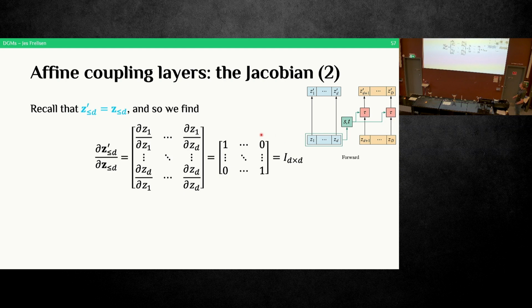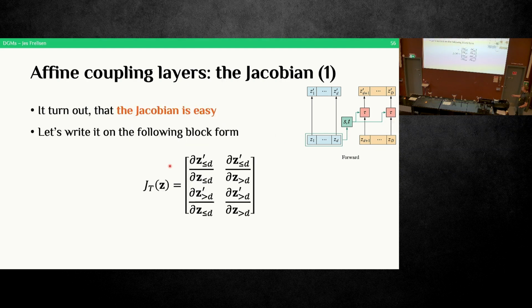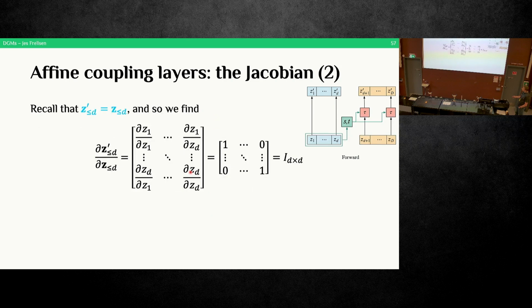So let's start with this one up here. This is the easiest one. This is just the partial derivative of these guys with respect to these guys. Since this is just the identity function, it's very easy to see that on the diagonal we have z_1 prime with respect to z_1. There are missing primes up here.